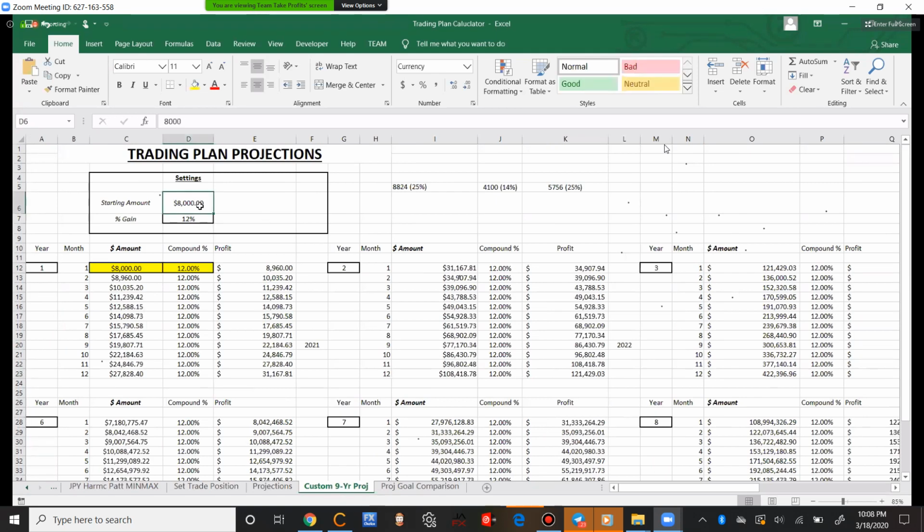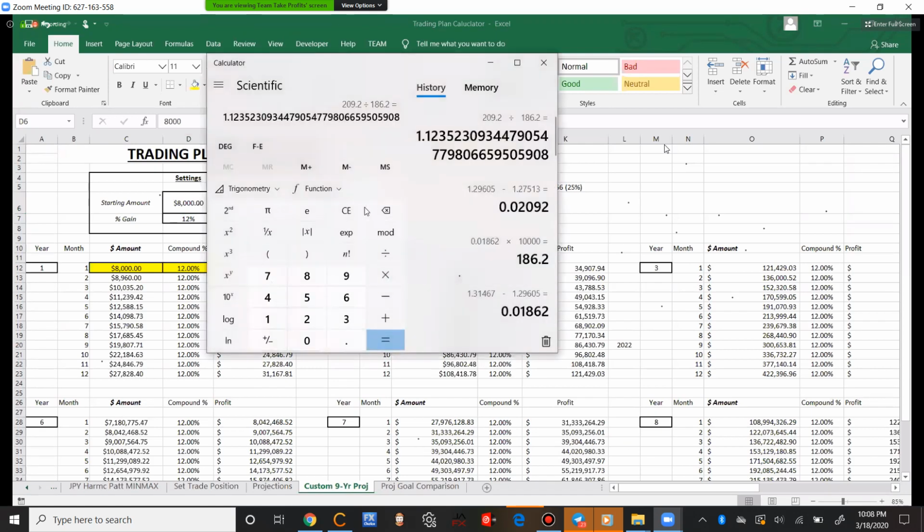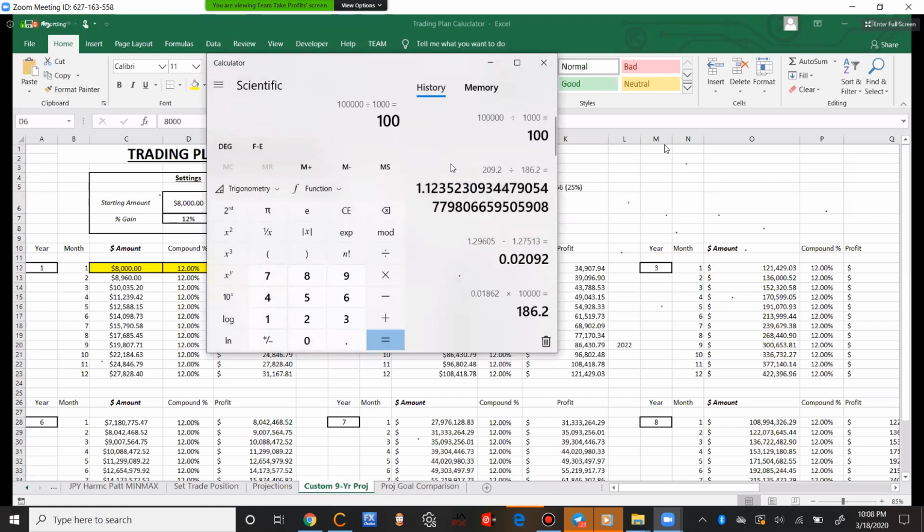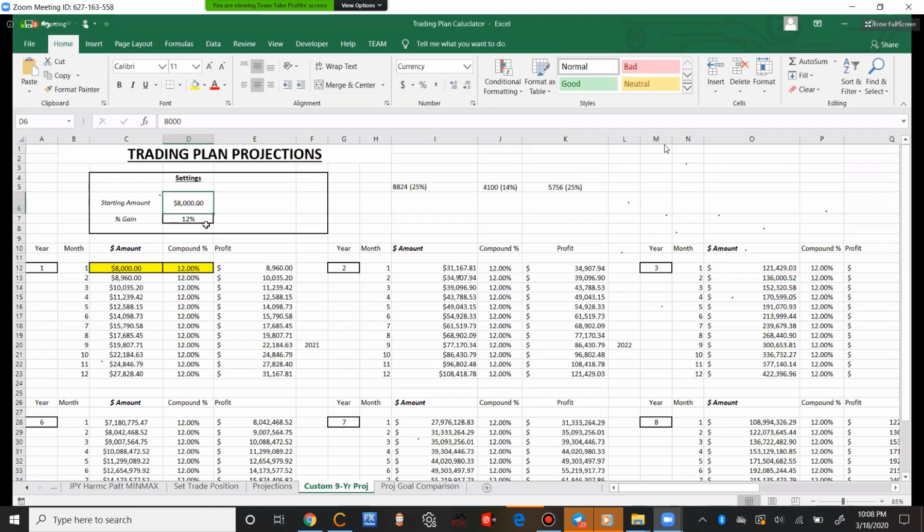And if anybody tells you they can turn $1,000 into, let's say, $100,000 in 1 month, which realistically is not possible, what they're telling you is they made 100% that month, which is almost impossible.